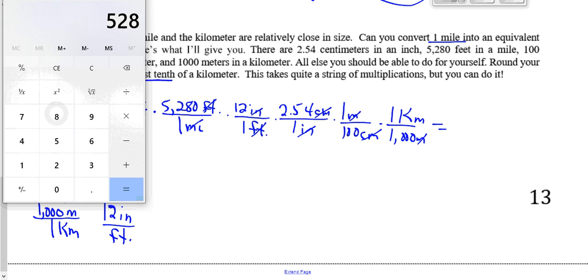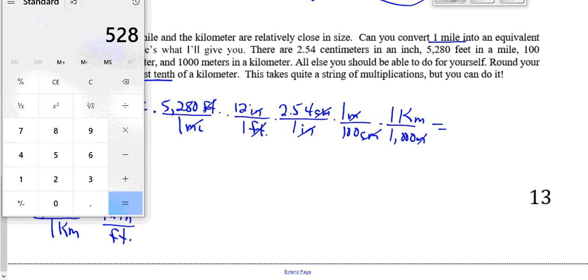So 5,280 times 12 times 2.54, now divided by 100 and then divided by 1,000. That gives 1.6 kilometers.